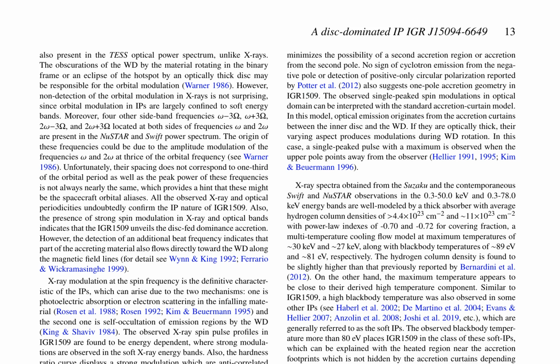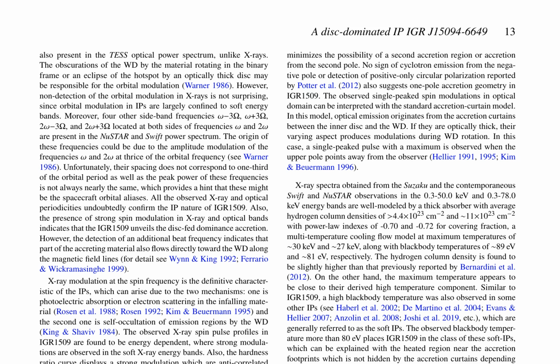The absence of orbital modulation in X-rays is anticipated, as it is typically confined to soft energy bands in IPs. Multiple sideband frequencies at thrice the orbital frequency are identified, suggesting amplitude modulation of the fundamental frequencies.